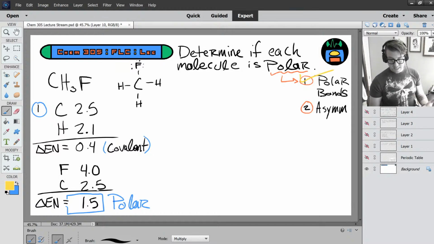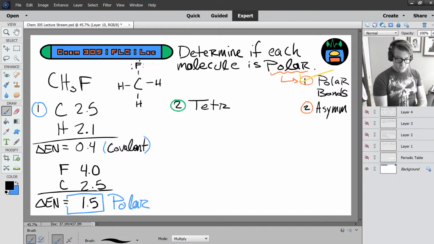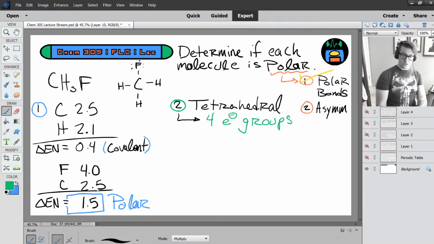Now, is this asymmetric? All right, let's check out our second criteria. So you'll notice that this molecule has a tetrahedral electronic geometry, which means that it has 4 electron groups.